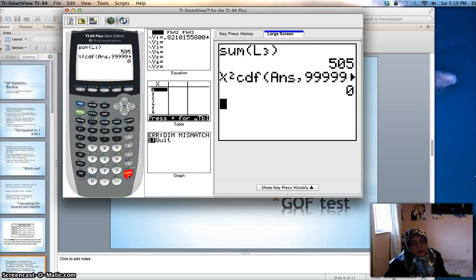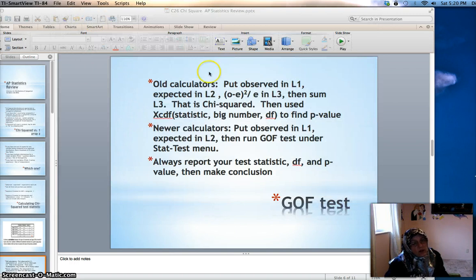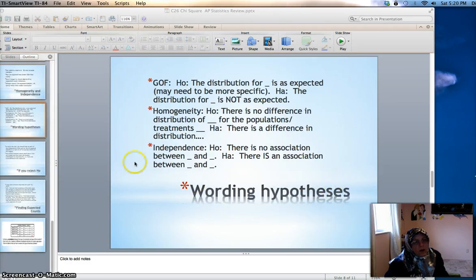Okay. So sometimes you'll get a 0 when it's extremely unlikely. But if you do get that, just check and make sure that you did the number of categories for degrees of freedom and not the number of counts. Okay? All right. So that's goodness of fit.